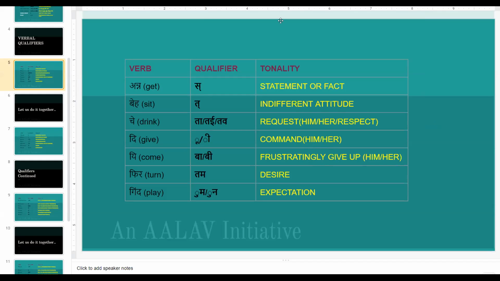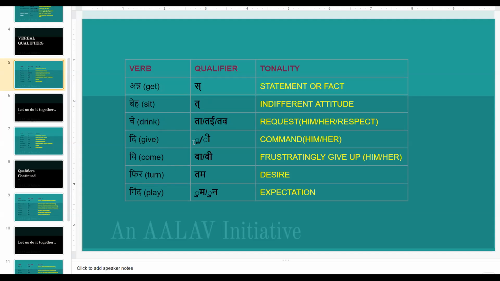Are you guys following this? Yes. So now let's go to the next one, which is fir. Fir, sir. That's the first qualifier. Next one will be firt.